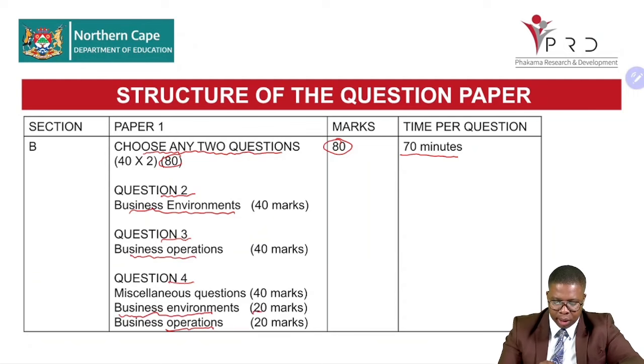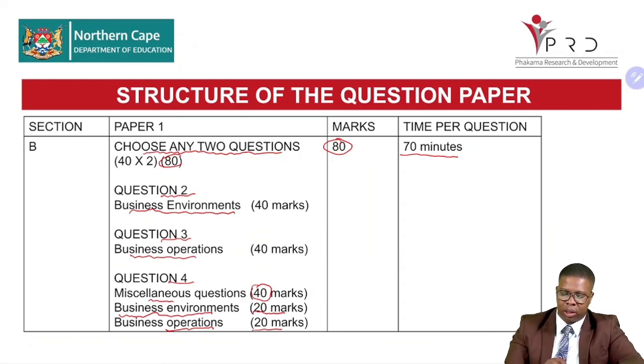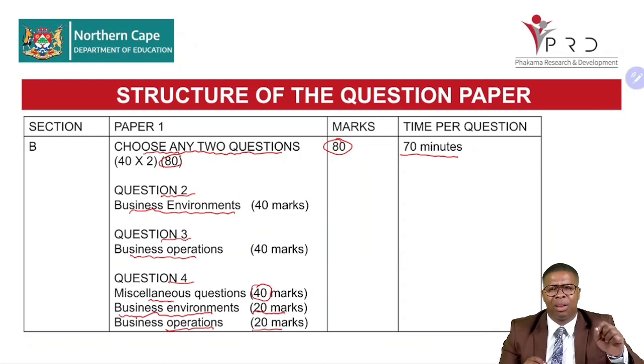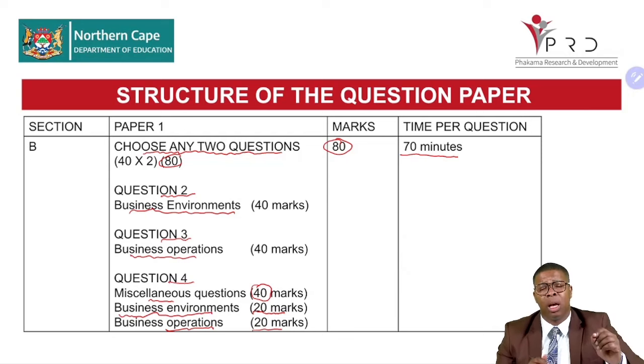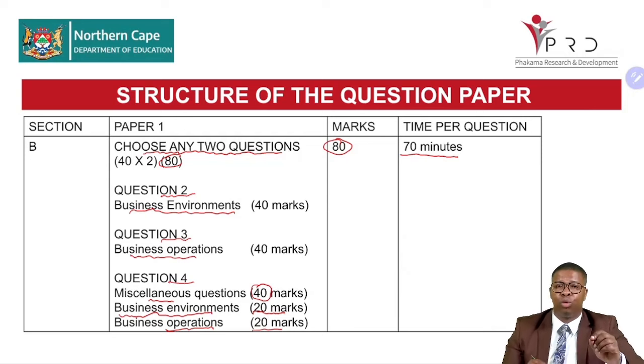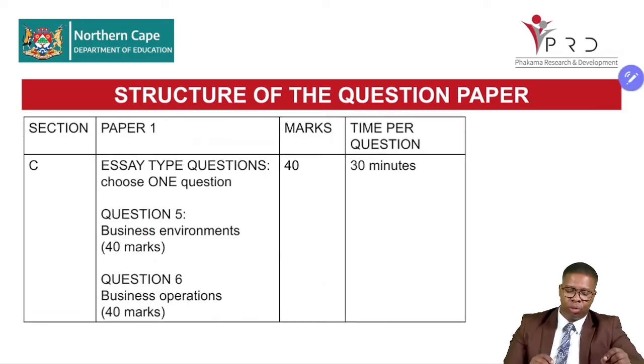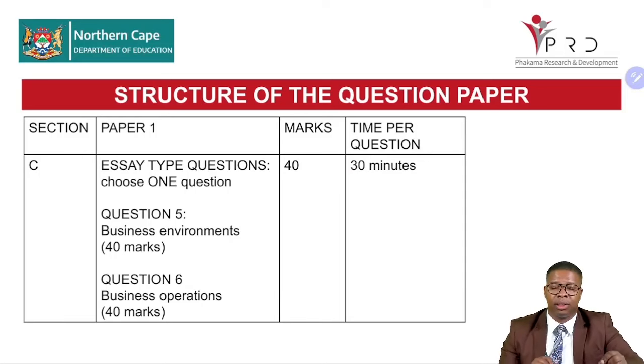Each is allocated 20 marks, which makes 40 the total. We call these miscellaneous questions. So that's your section B. It's a very, very important section because it is the one that is going to assist you to achieve your distinction.